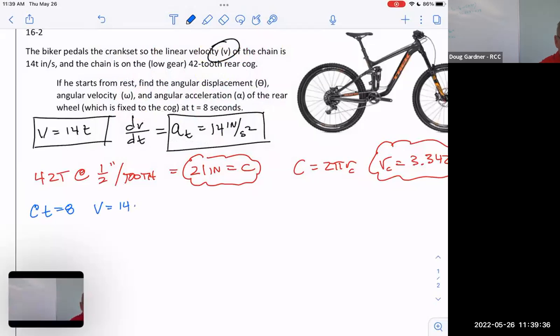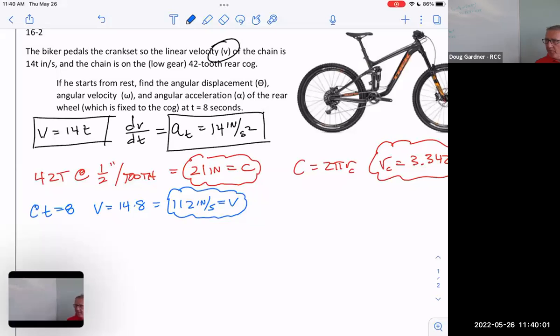Velocity would be 14 times 8, which is 112. And because that's a linear velocity, it's inches, not radians. Inches per second. So at 8 seconds, that's how fast the chain is going.